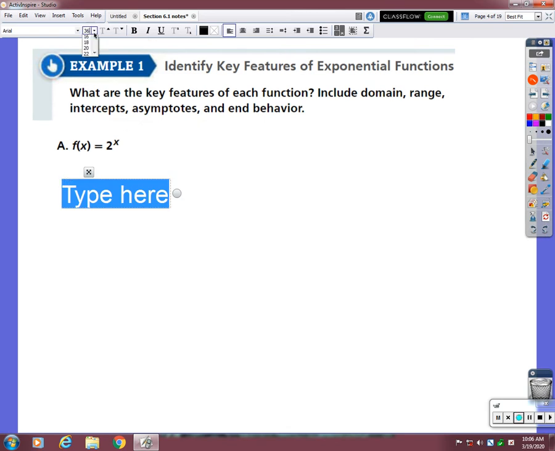So if I want to figure out the domain of the function above, the domain, of course, I'm sure you remember, is all of the x values that you can use in the function. And since you can raise a number to any power, either a positive number or a negative number, the domain is all real numbers.